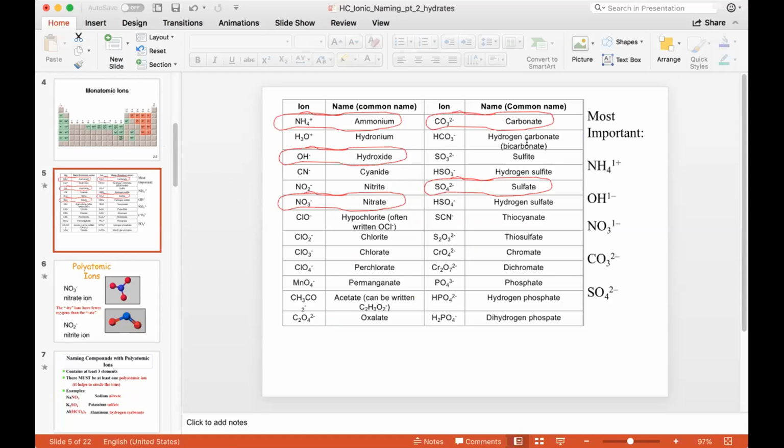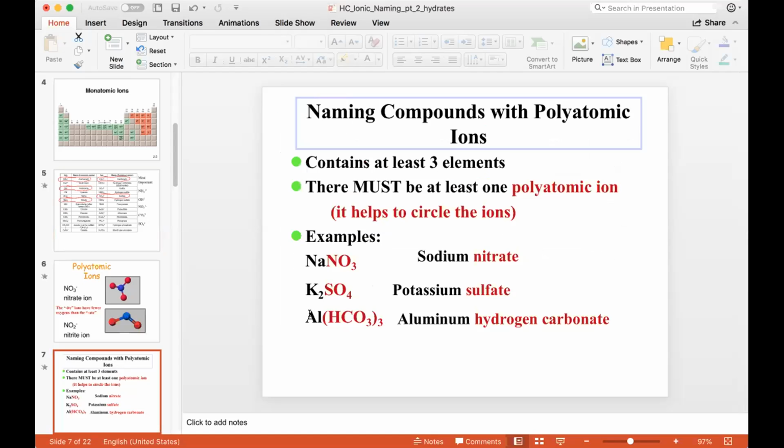Typically, it's called bicarbonate. For instance, when sodium bonds with hydrogen carbonate, it makes sodium bicarbonate. That's what baking soda is. So we have aluminum, that's the metal, and then hydrogen carbonate or bicarbonate. Aluminum bicarbonate would be an acceptable alternative name.